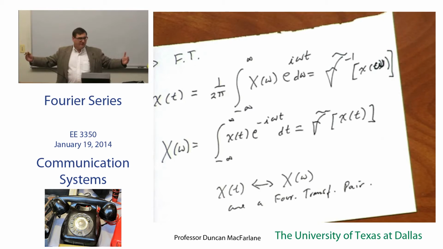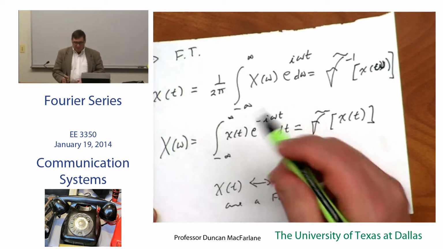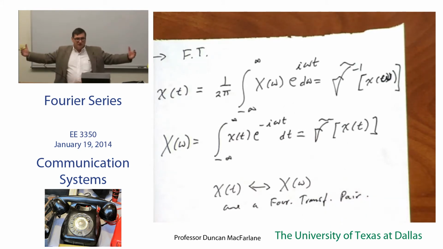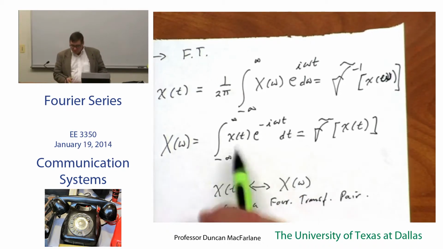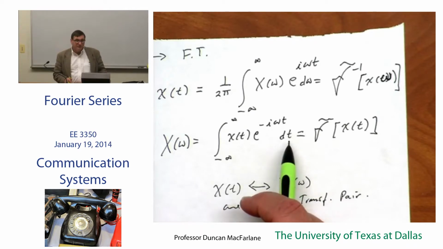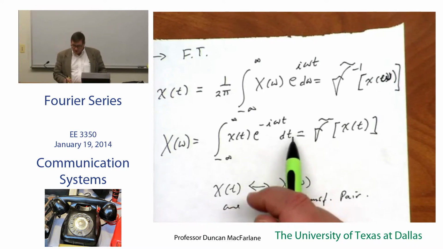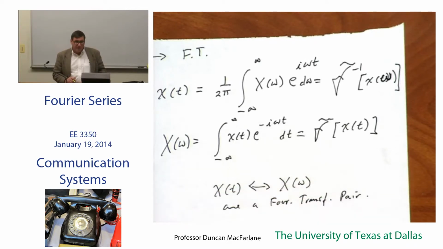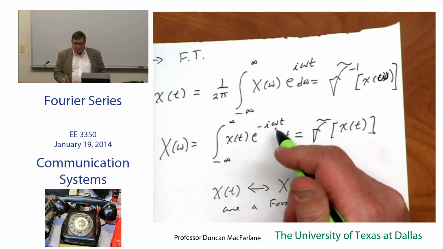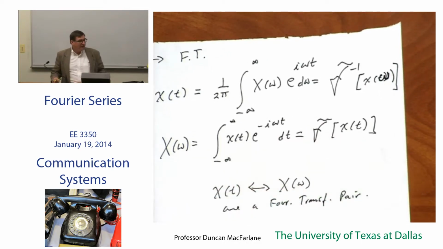X of t can span any instant of time, so I better have my limits of integration cover all the bounds of x of t so that I keep all the information. And what I'm left with after doing that definite integral in time, the time leaves. I'm left only with the omega, and so I have the X of omega.